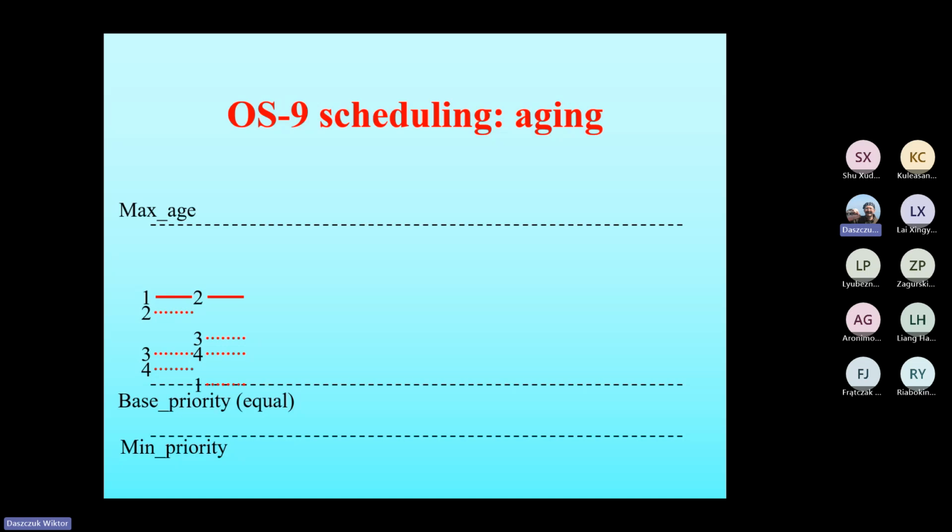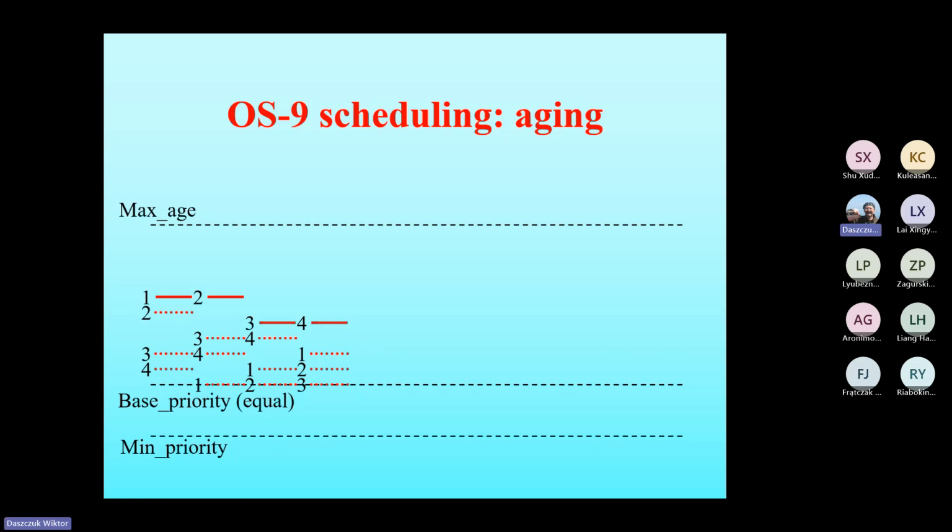Process number 2 gets the processor, it is suppressed to basic, and all others are increased by 1. Number 3 gets the processor and is suppressed, all others are increased by 1, and so on and so on.